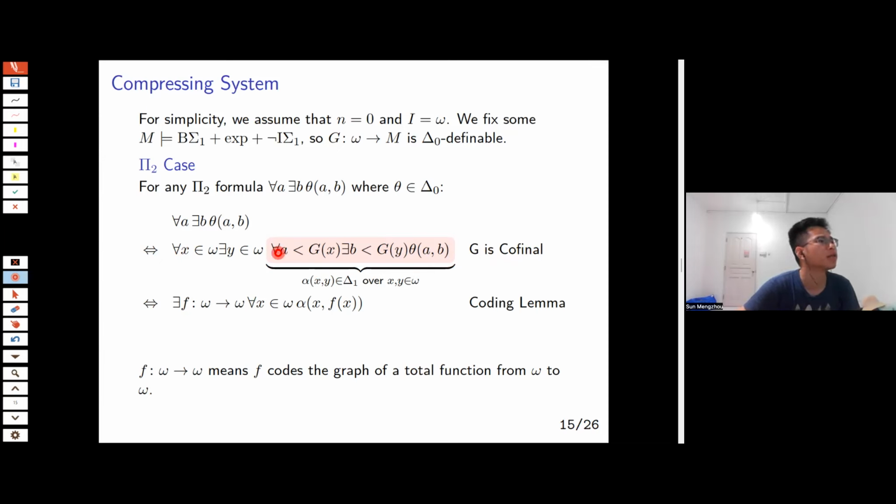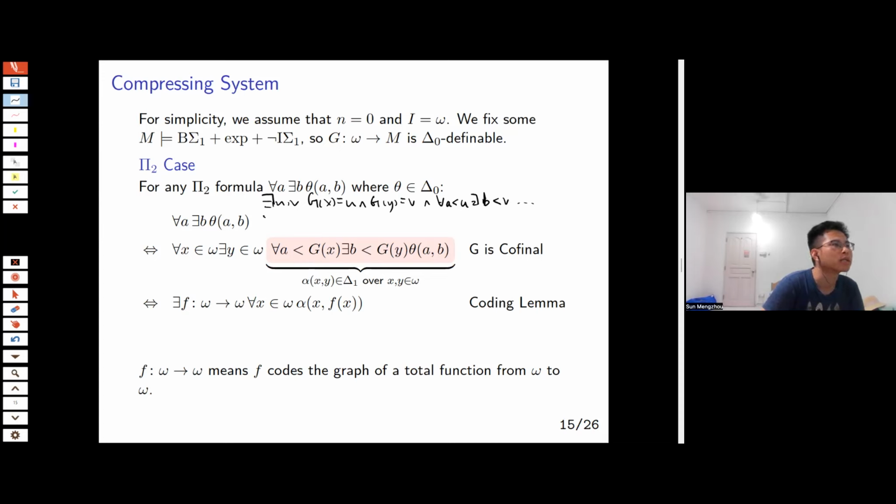But the important thing is that if you look at the structure of this expression, the red part, what I highlight here, all the quantifiers are bounded if we regard G as a function symbol, right? And then we can show that the red part, the highlighted part, we call it alpha. Alpha is actually Delta_1 over parameter x and y in a cut. So if we write down the explicit definition of G, then it should become: there is u, v such that G x is equal to u and G y is equal to v, and for any a less than u, there is b less than v, and so on.